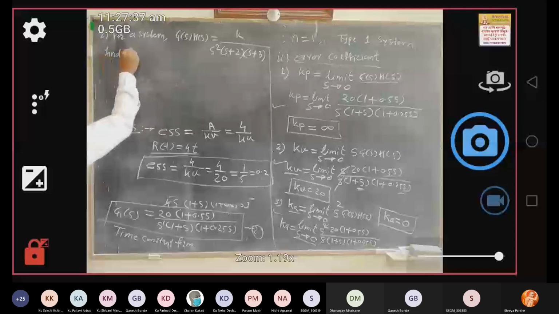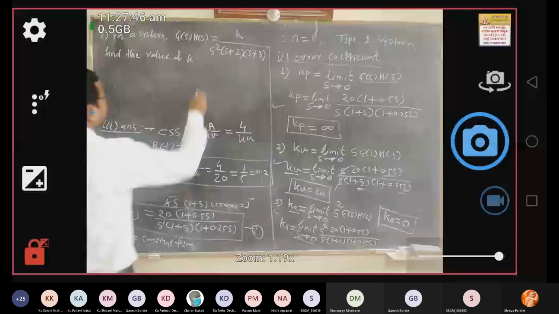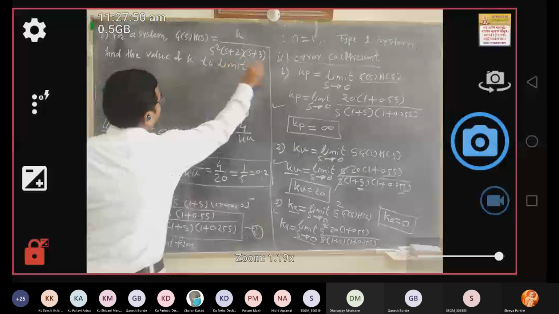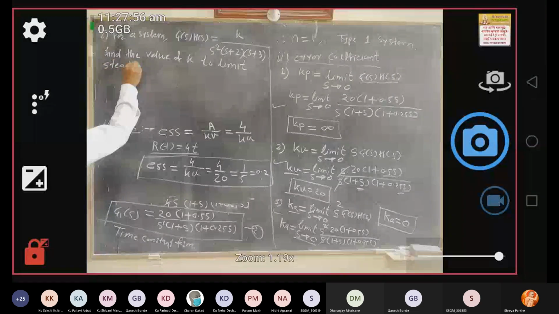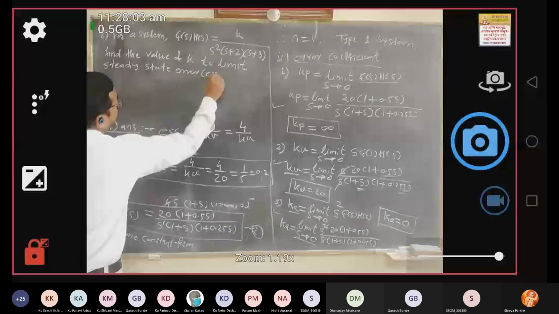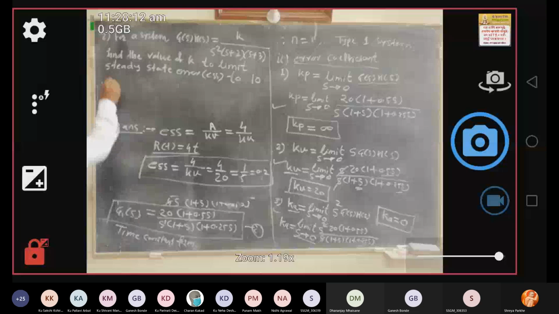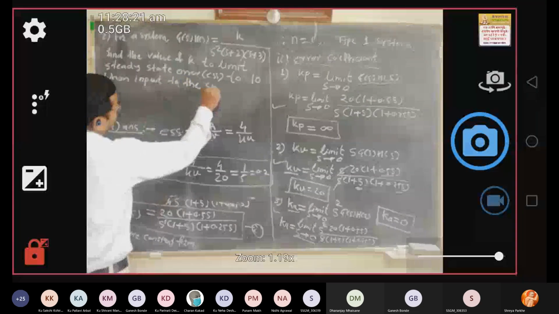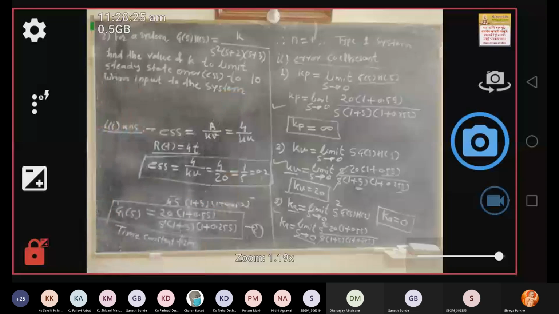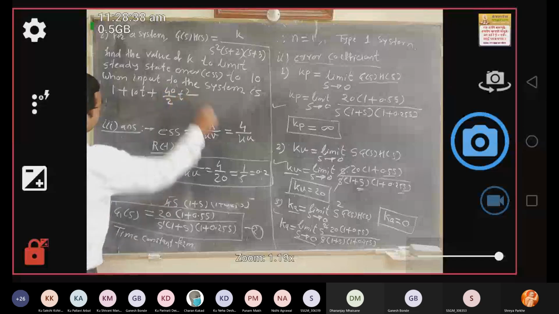Find the value of K to limit a steady state error, that is ESS, steady state error, to 10 when input to the system is 1 plus 10t plus 40 by 2 t square.